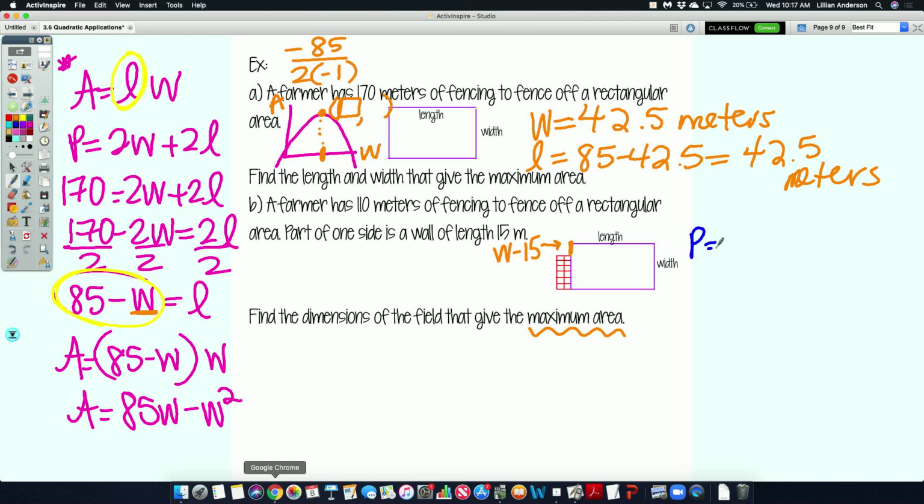Perimeter, unfortunately, is not going to be 2W plus 2L. It's going to be 2L for the length and the length, 1W for this width, and then W minus 15 for this width. So 110 meters of fencing is going to be used for 2L plus 2W minus 15.